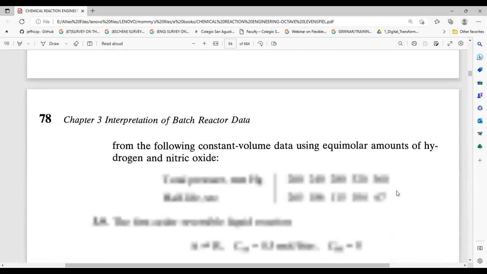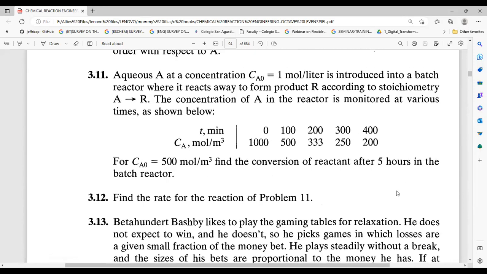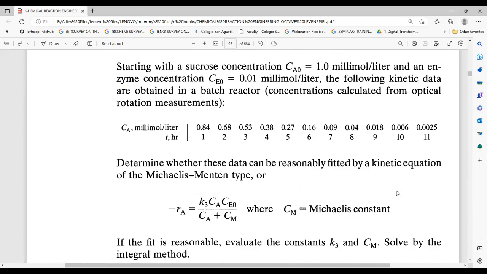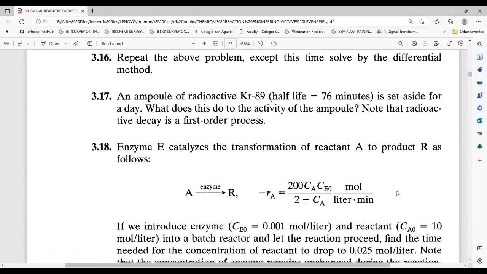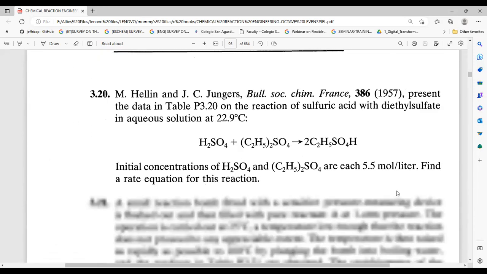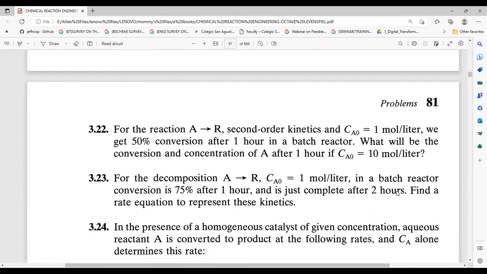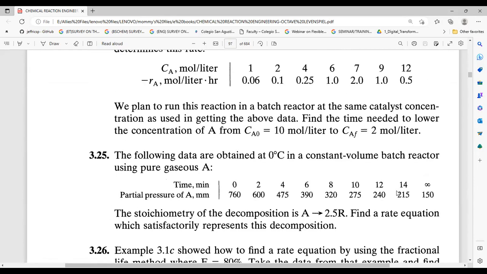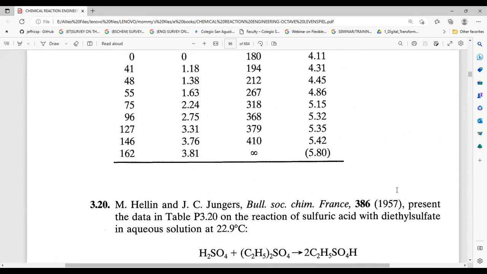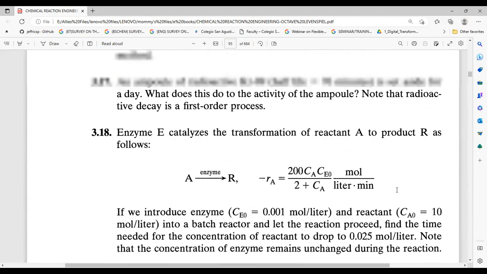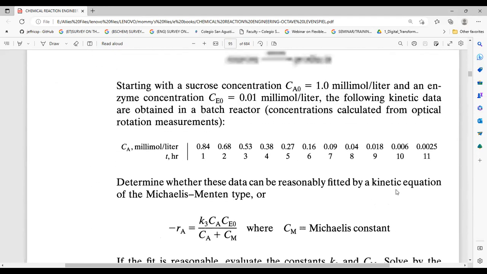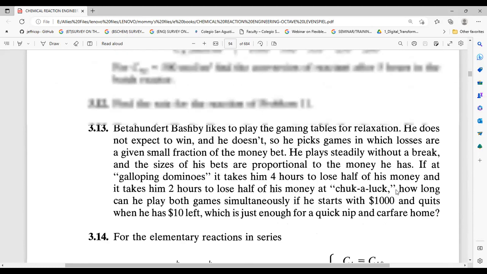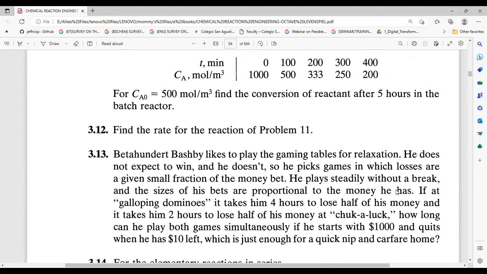Okay, this one is not parallel. It's variable volume already. Okay, so I'll have here that problem about Bitan 100 Bashby.